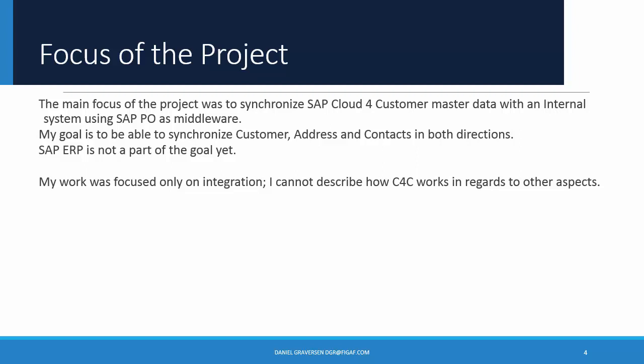So if you created a customer in the Cloud for Customer system, it would synchronize directly into the ERP system, the third-party system. ERP is not a part of the integration yet, and that's probably in the pipeline, but I got some insight on that, and that's what I'll be sharing in that section.